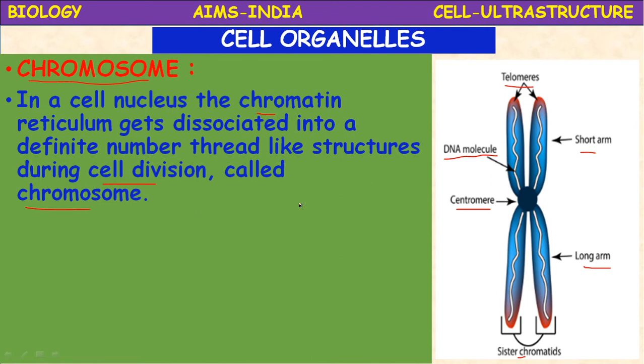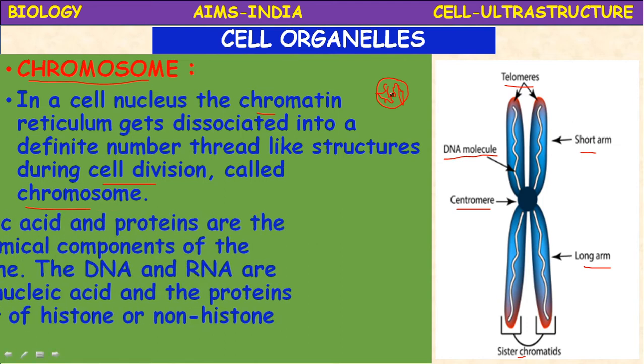Okay, in the nucleus, the diffuse nuclear material is present. So this is called the chromatin. This chromatin systematically breaks to form the thread-like structures. At the time of cell division, they are called chromosomes.